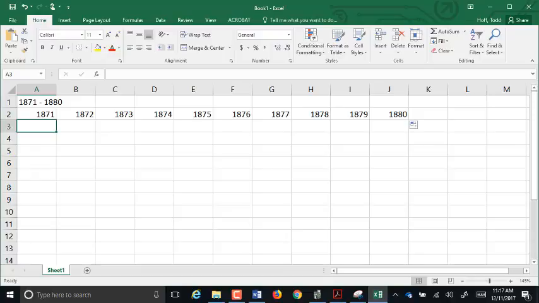In 1871, it was 72.3, 77.5, and 72, 73, 75.4.